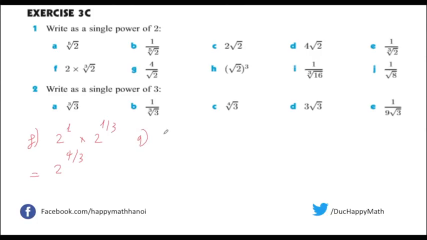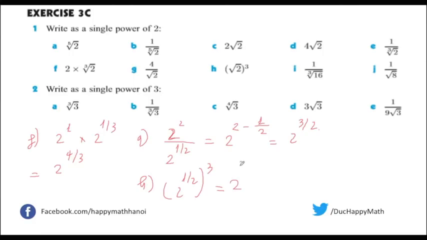So G, 2 squared divided by 2 to the power of half. It means the power numbers have to be subtracted, so 2 is 3 over 2 here. So H, square root of 2 means 2 to the power of 1 half inside and 3 outside. Times the power numbers together, you have 2 to the power of 3 over 2.